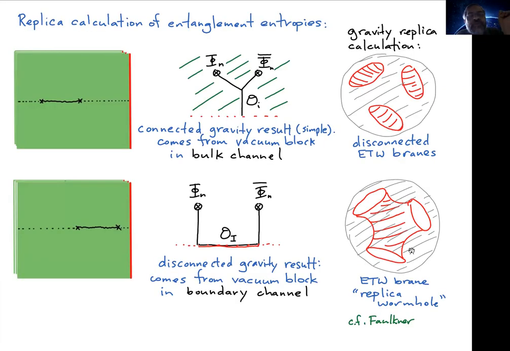Mark, can you repeat this correspondence between the CFT picture and the pictures that you drew on the right side? Okay. If I wanted to do a gravity calculation of the n-sheeted partition function that I would use to calculate Renyi entropies, then I would try to find an asymptotically AdS geometry whose boundary is this.